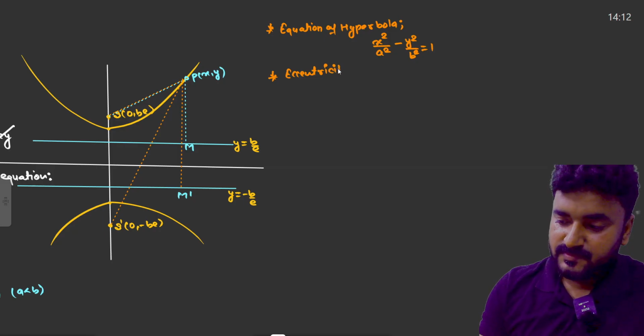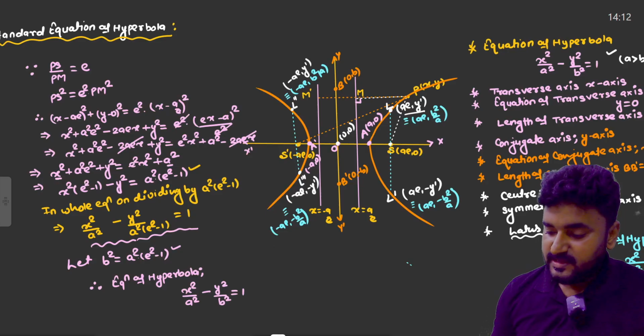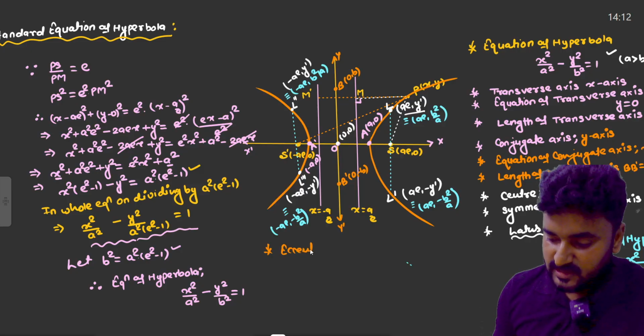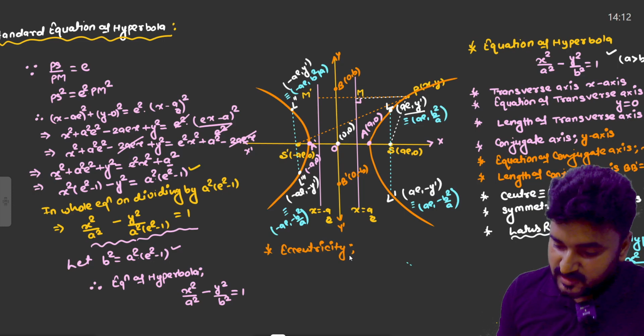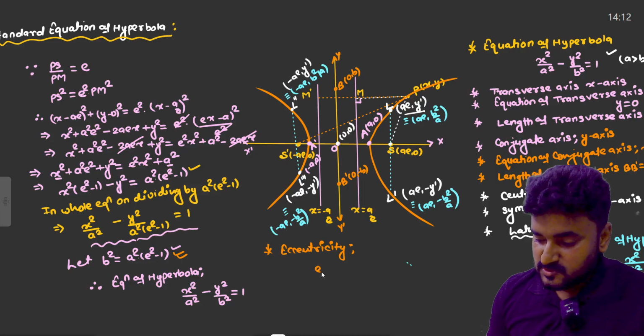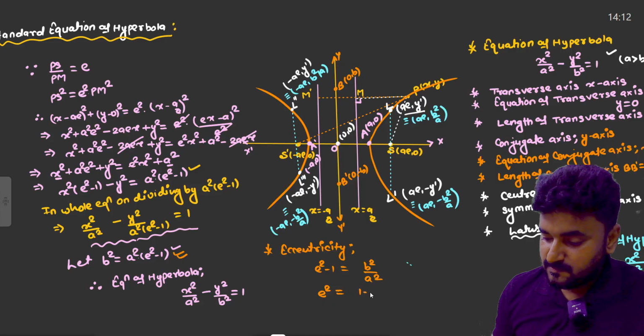Eccentricity first. In the previous lecture also, you can find the eccentricity. So for the eccentricity, you can see that b square equals a square into e square minus 1. So my e square minus 1 value is coming b square by a square. So e square equals 1 plus b square by a square.